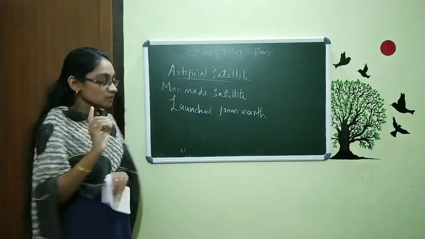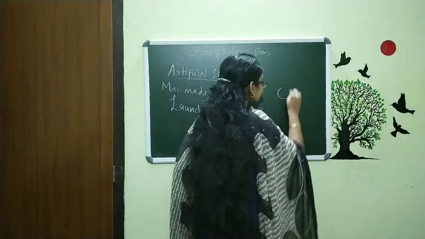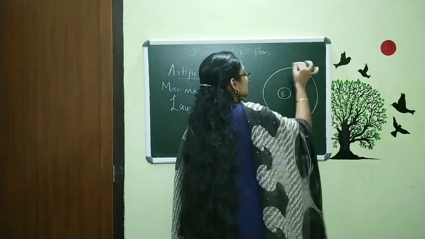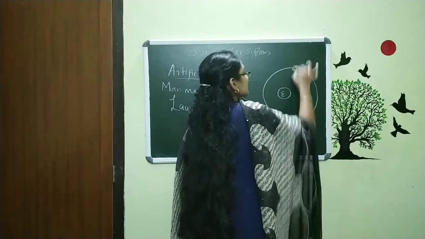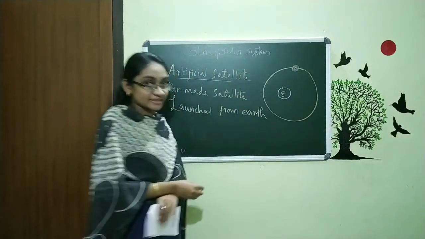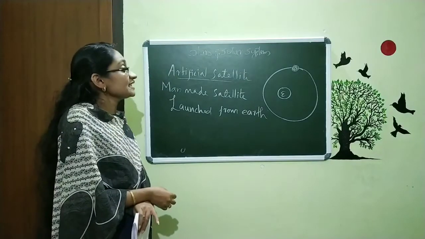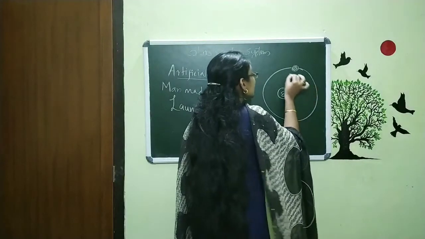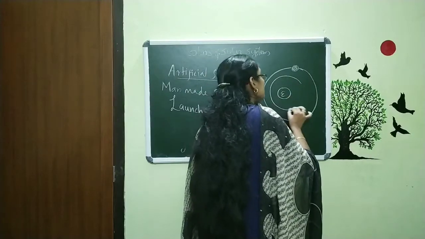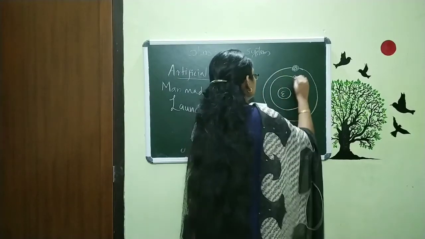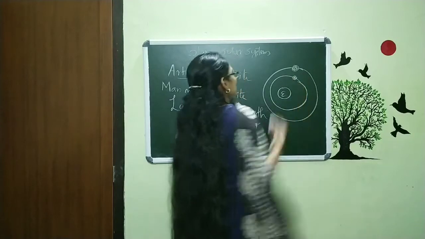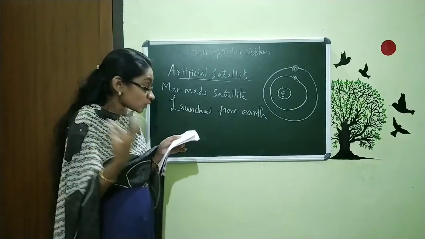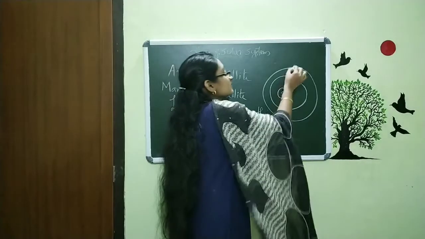And also, our moon is revolving around Earth. But artificial satellites actually revolve nearer than the moon. An artificial satellite revolves closer than Earth's natural satellite.